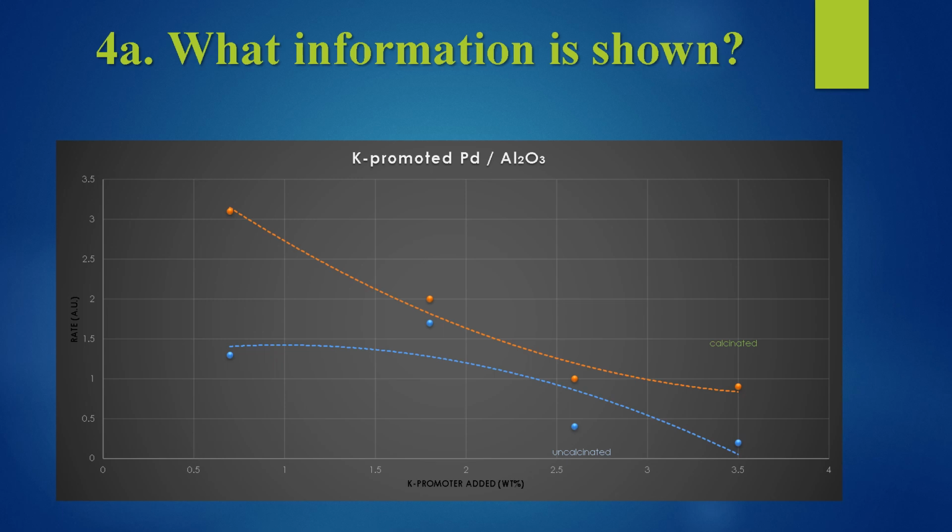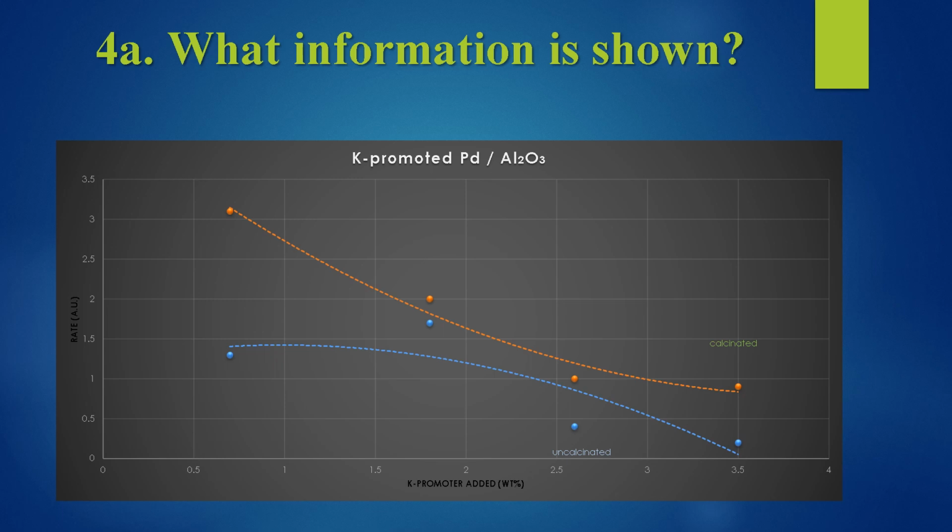So we see that we've got 2 organizing principles. We have an orange line, which is calcinated. This calcinated aspect is too small. It should be larger as well. We can see the blue line represents the uncalcinated, and it also should be larger.